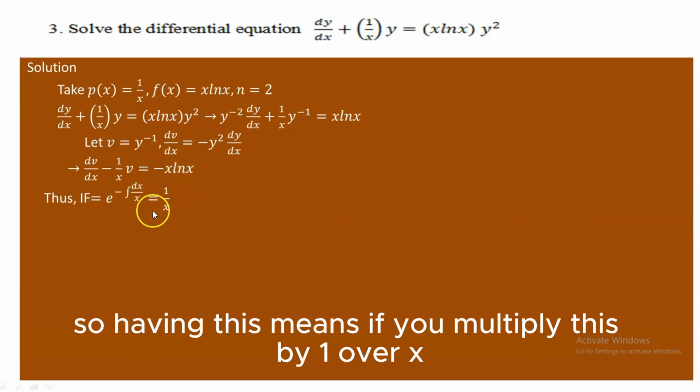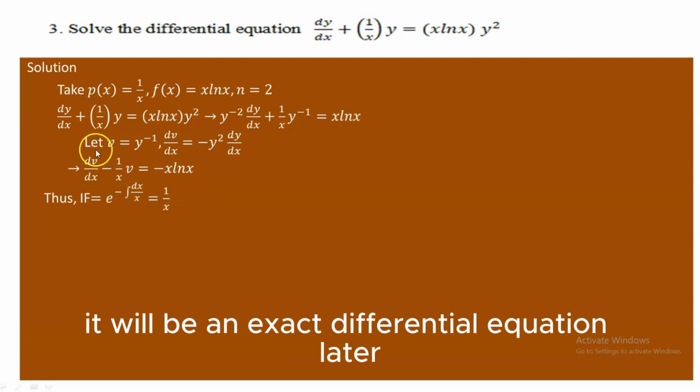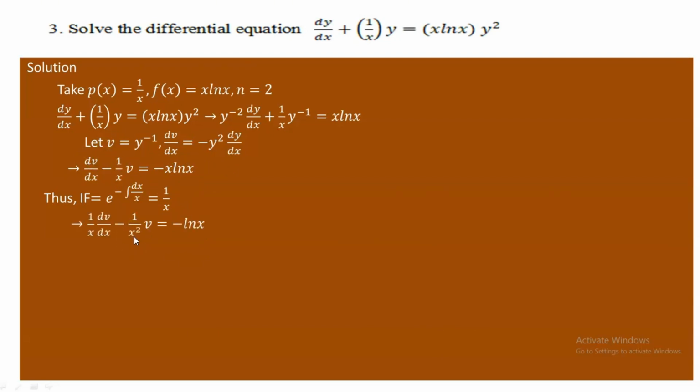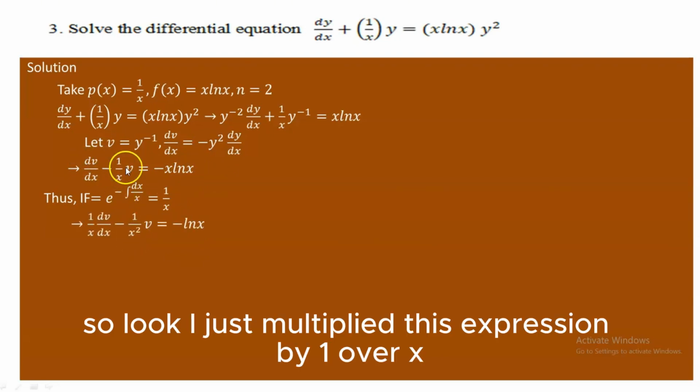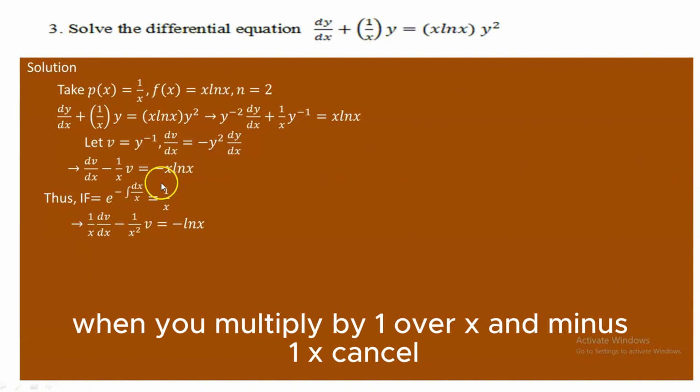So having this means if you multiply this by 1 over x, you see everything changes to exact form, right? It will be an exact differential equation later. So let's multiply this by 1 over x and use the grouping technique. Look, I just multiplied this expression by 1 over x. In doing so, 1 over x dv dx minus 1 over x squared v, and no more x here when you multiply by 1 over x, and minus ln x can come.